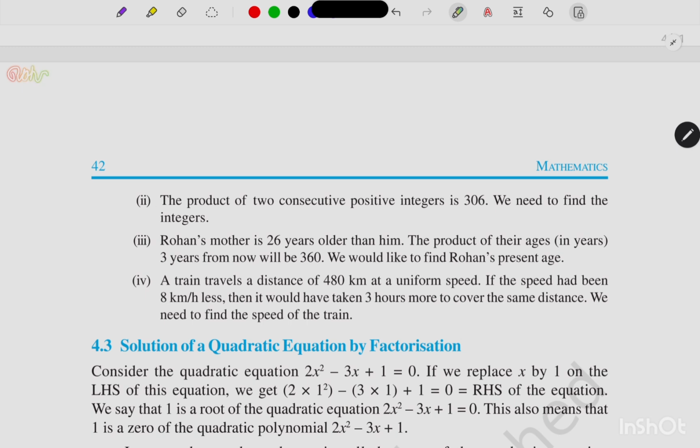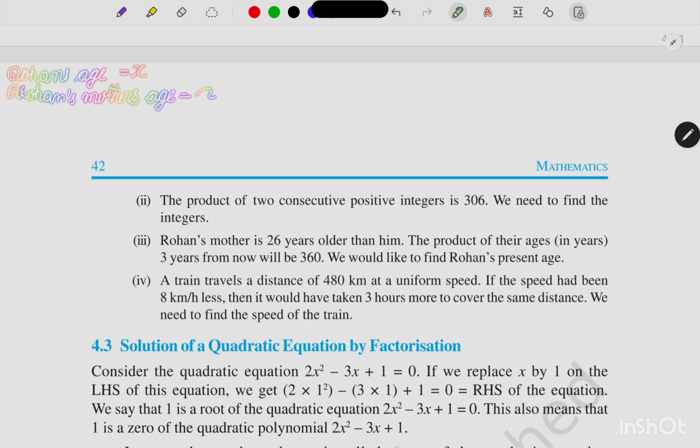So Rohan's age equals x. Rohan's spelling is wrong, right? Rohan's mother's age. Be careful. CBSE is now taking off marks because you might make a spelling mistake or anything like that.